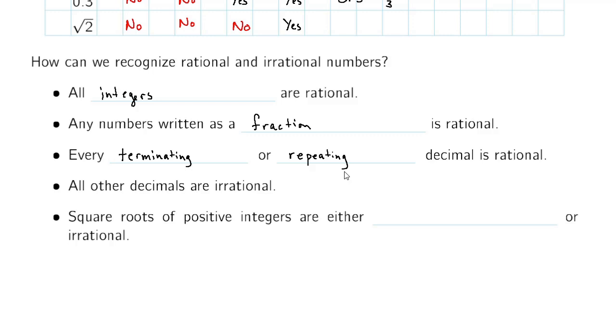So if it keeps going forever without repeating a pattern, that decimal represents an irrational number. Another place we can look for irrational numbers is the square roots of positive integers. Now, sometimes we'll take a square root and we'll get another integer. But if we don't, if we take a square root and it's between two whole numbers, then that square root is an irrational number.